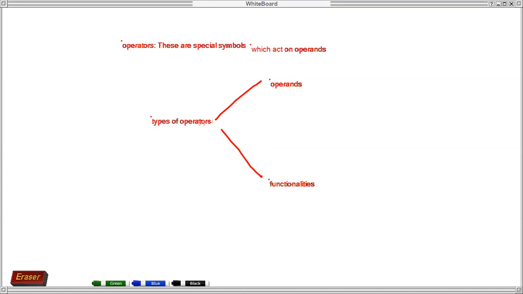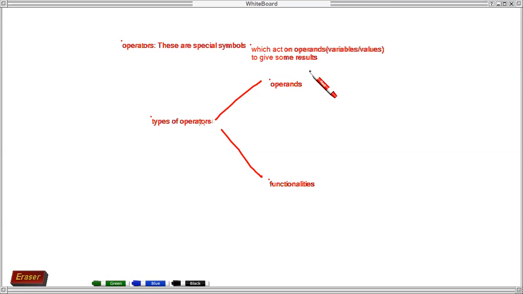In this case, we generally use variables or values to give some results. So basically, what are operators? These are special symbols which act on operands. What is an operand? In the bracket, I have specified that it can be a variable or it can be a value to give some results.